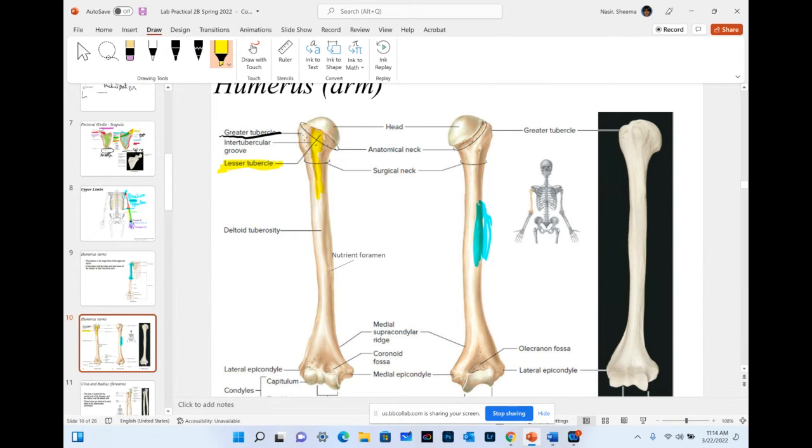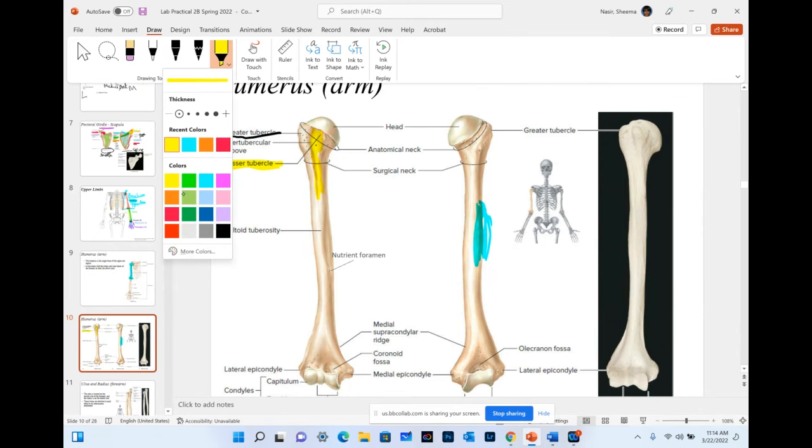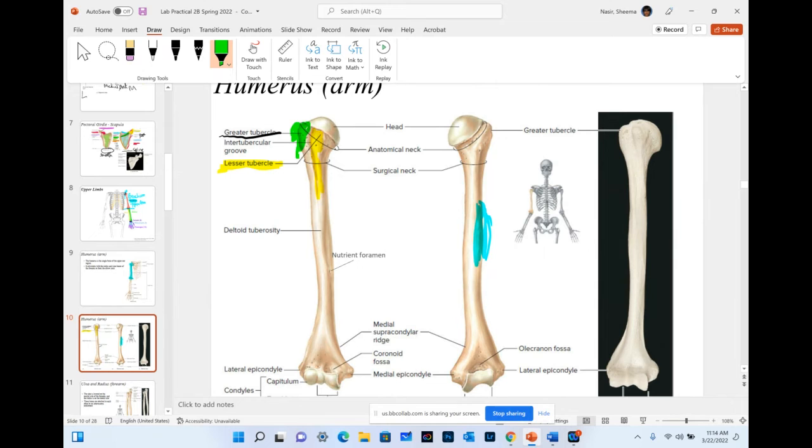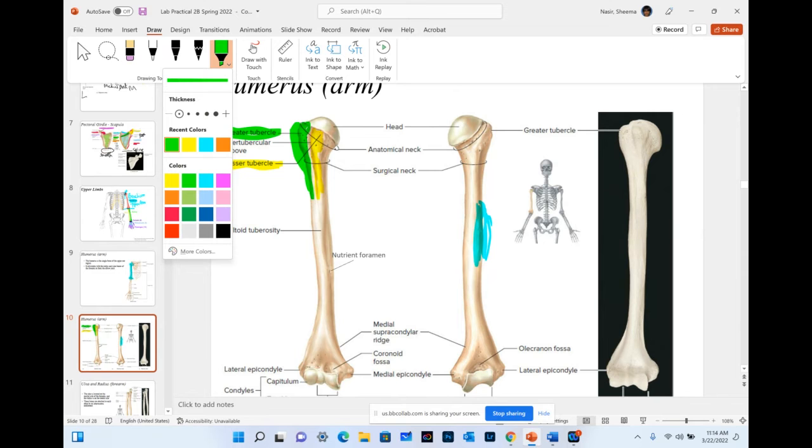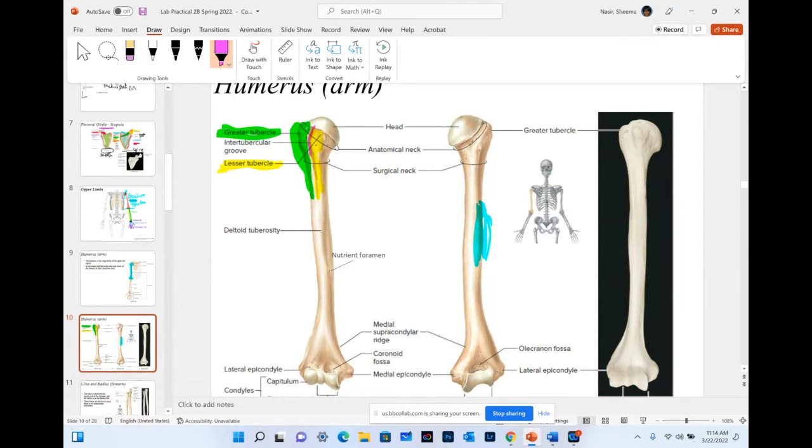And the other one is the greater tubercle because it's bigger. So this is like really big. This is your greater tubercle. In between the two, you see in between the two, this area. This is intertubercular groove.